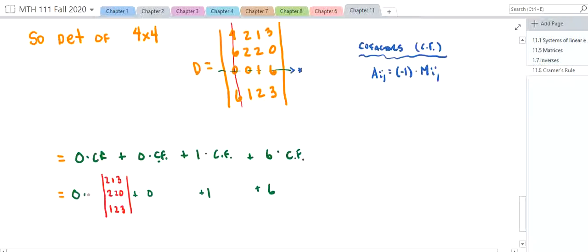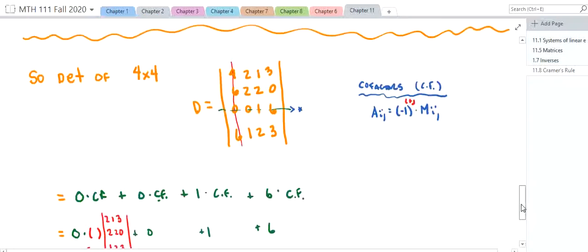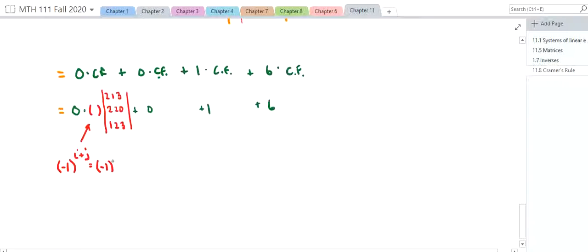Now, it's either going to be multiplied by a plus or minus 1 depending on its position here. So this is going to be minus 1 to the i plus j, which is third row, first column. It's going to be an even number, which means this is going to equal 1.